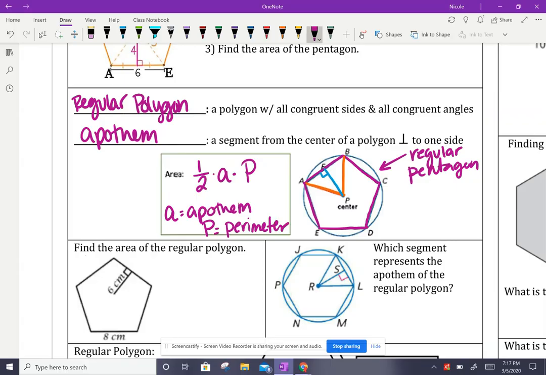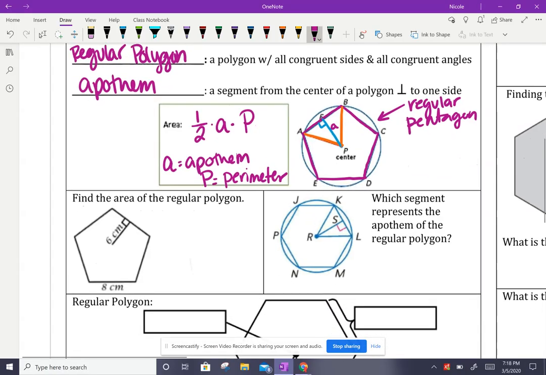If we know the perimeter of our shape and the length of the apothem, which goes to a side, it does not go to a corner, it does not go to an angle, it goes to the side of your polygon, whether it's a pentagon, hexagon, octagon. It goes to the side and is perpendicular. I can't stress this enough, guys. So this line right here is my apothem, that little a.